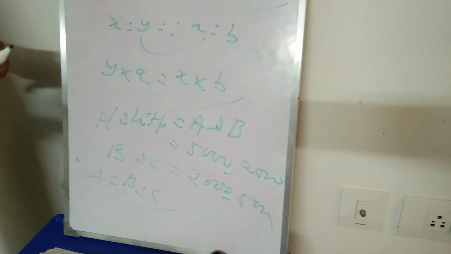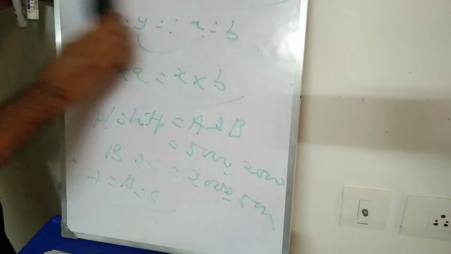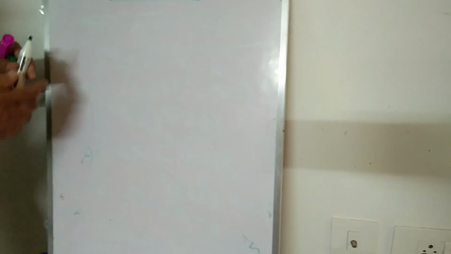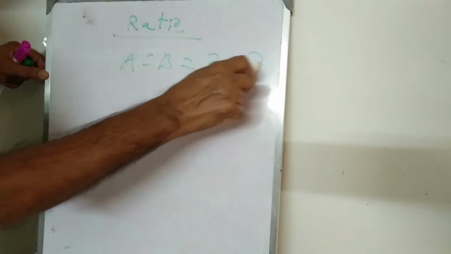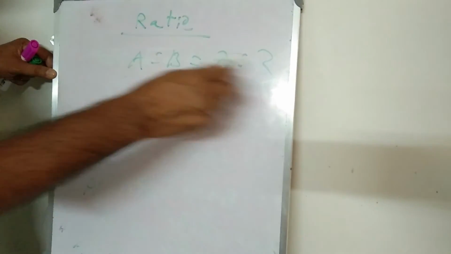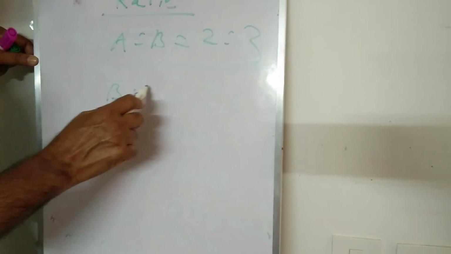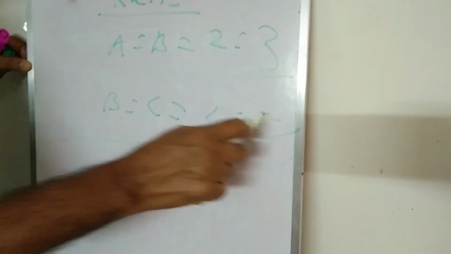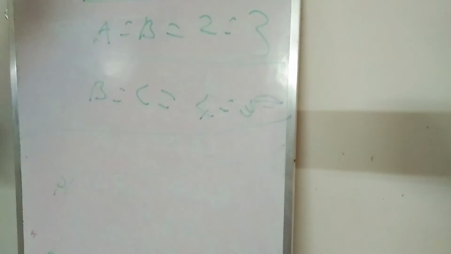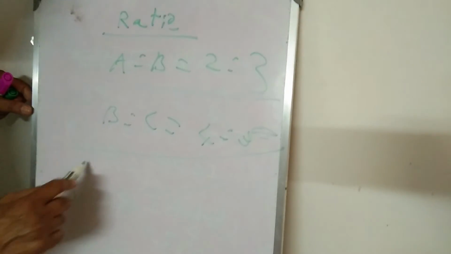Very simple example. Suppose in another firm, the investment ratio A is to B is 2 is to 3, and in another, B is to C equals 4 is to 5. They will ask, then what is A is to B is to C?